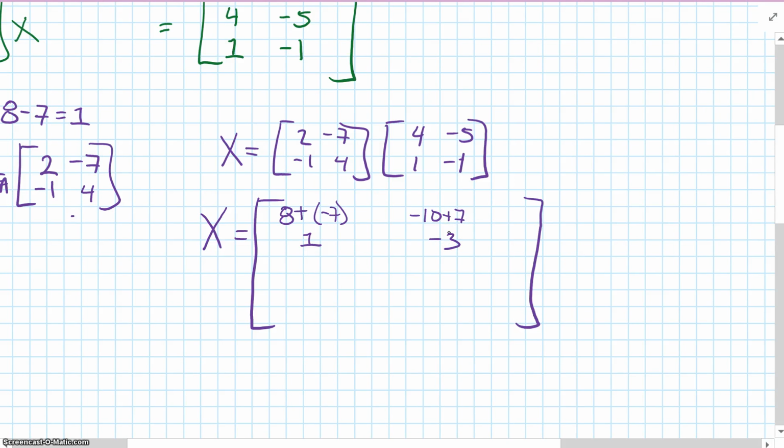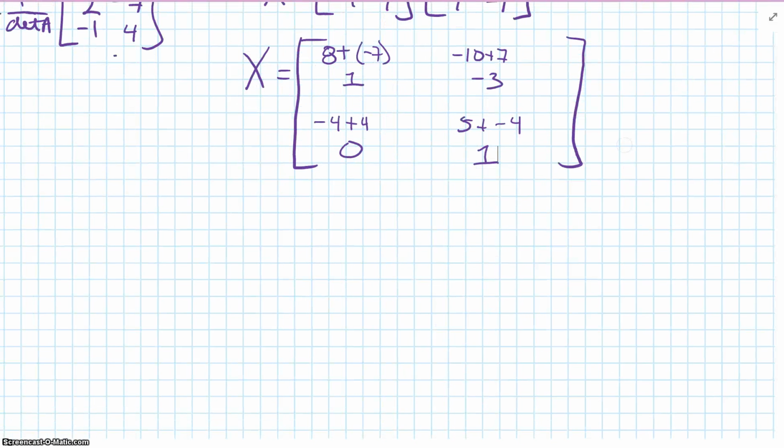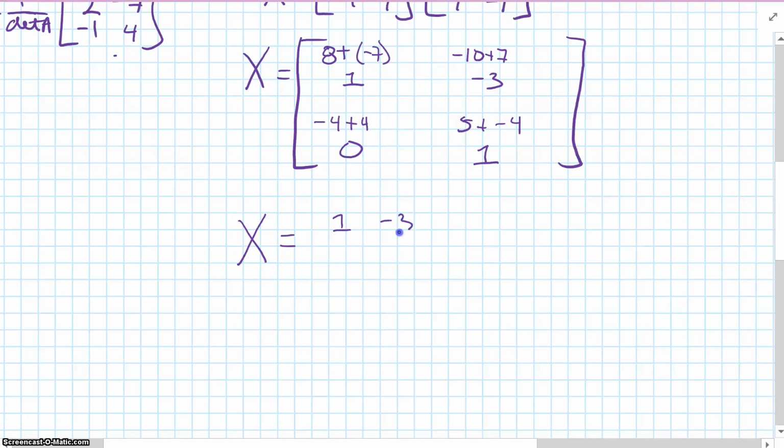Now we go second row, first column, so that's going to be negative 4 plus 4, so that's going to be 0. That's going to be now 5. Negative 1 times negative 5 is 5, plus 4 times negative 1, 1. So my X matrix is 1, negative 3, 0, 1.